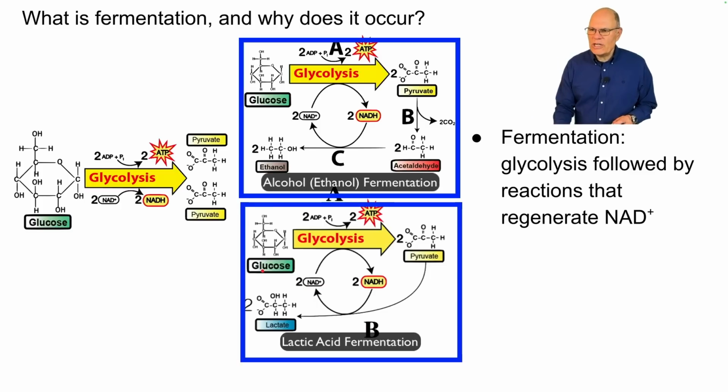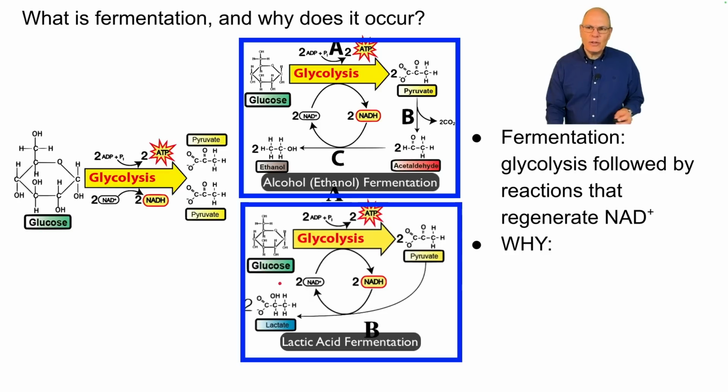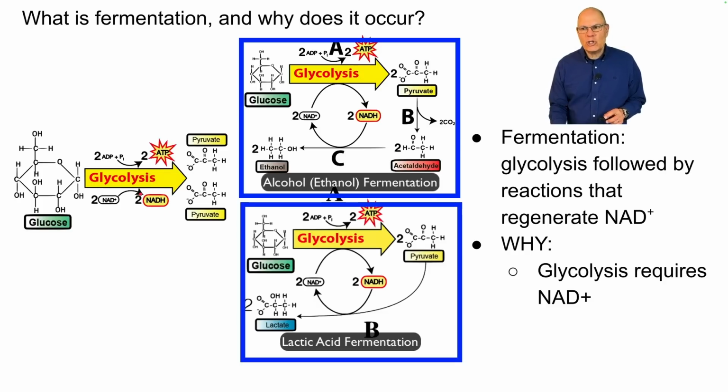Why does fermentation happen? If you're an aerobic organism, but you need to keep on moving and there's not enough oxygen available because you're working so hard, then you can continue to get 2 ATPs per every glucose. That sure isn't as good as the 32 or more that you get from aerobic respiration, but at that moment you just can't do it.